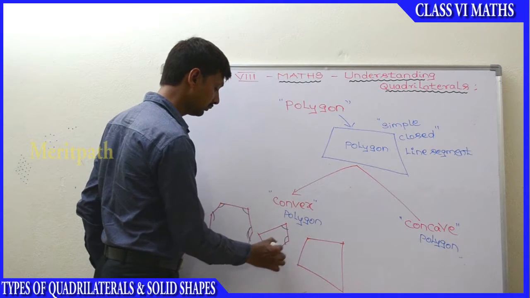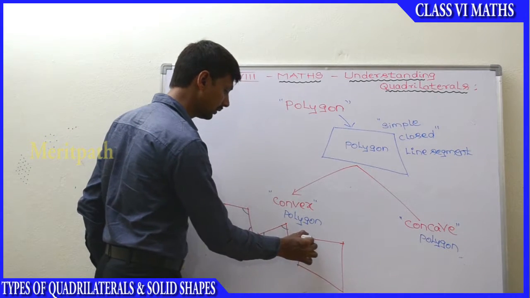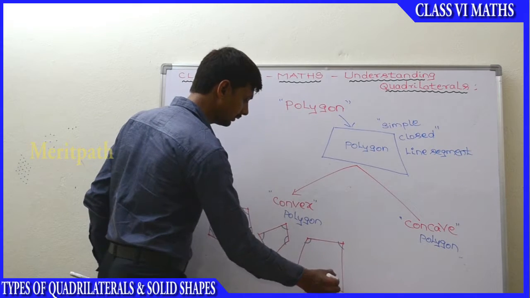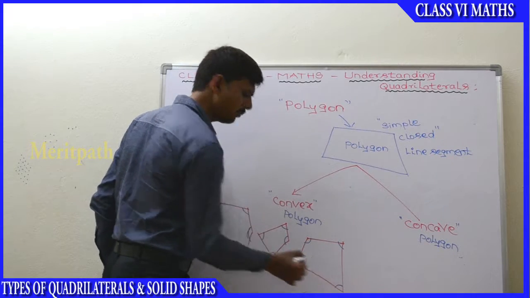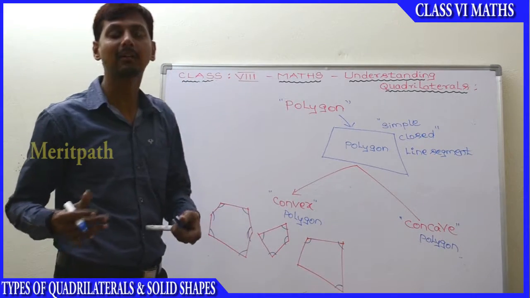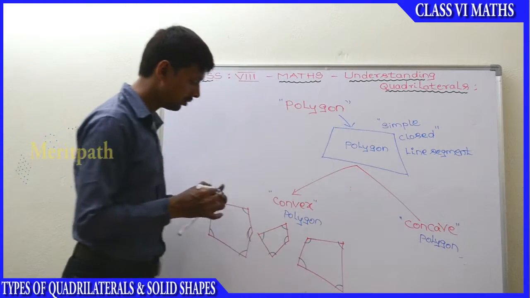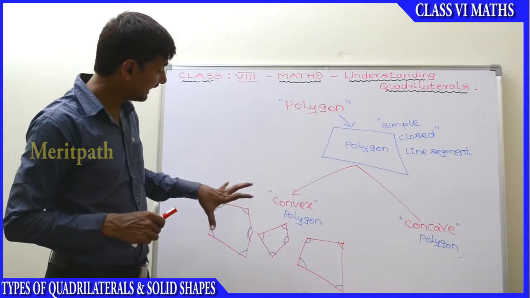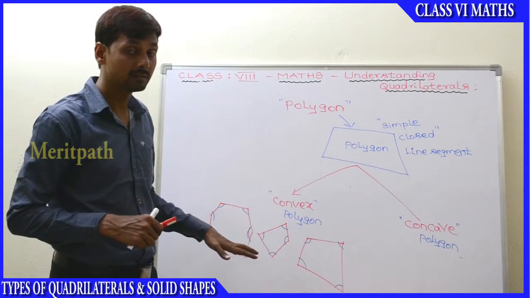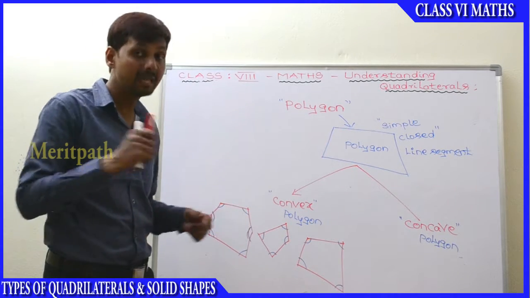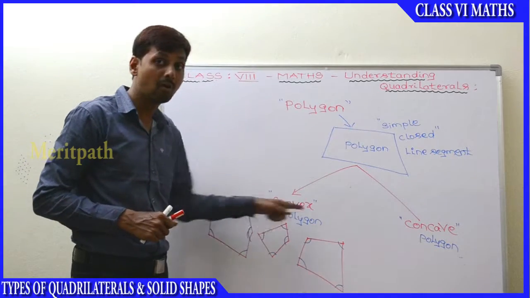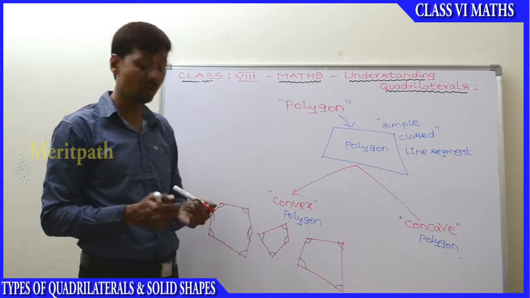Acute, obtuse, acute, acute, and this is obtuse. Right, maybe a right angle. Approximately we estimate how the angle can be. So these are the angles formed, and if you observe each angle of these polygons, they are less than 180 degrees.